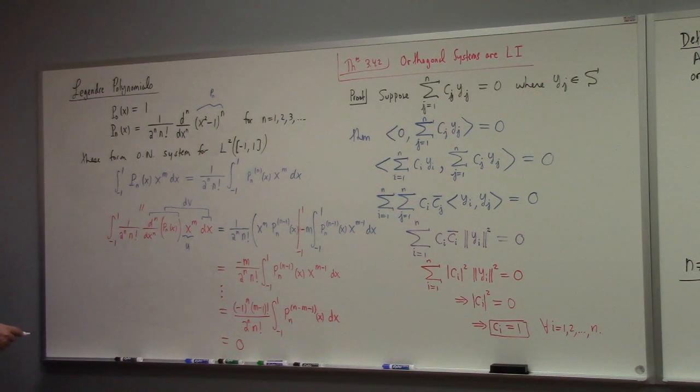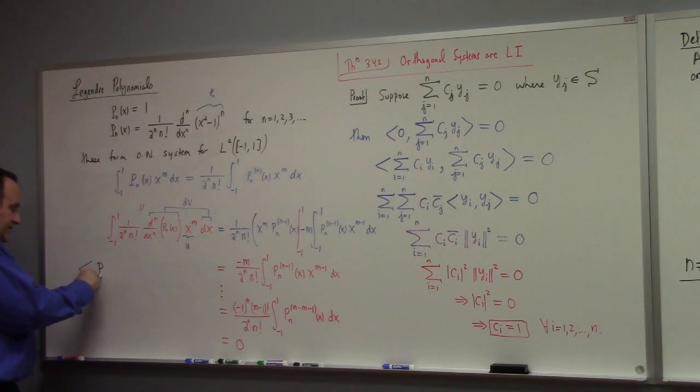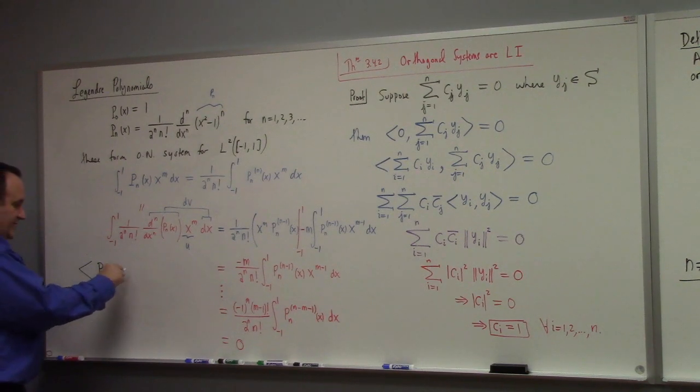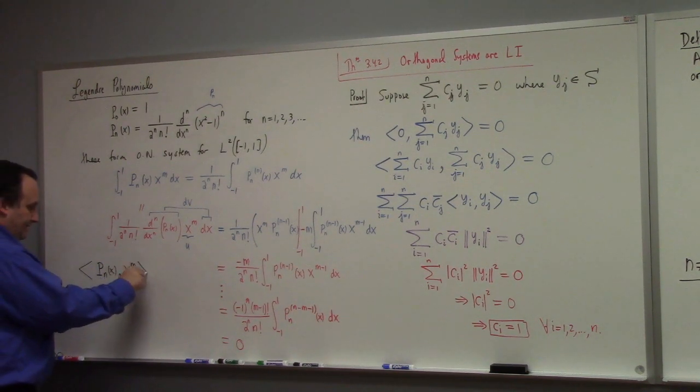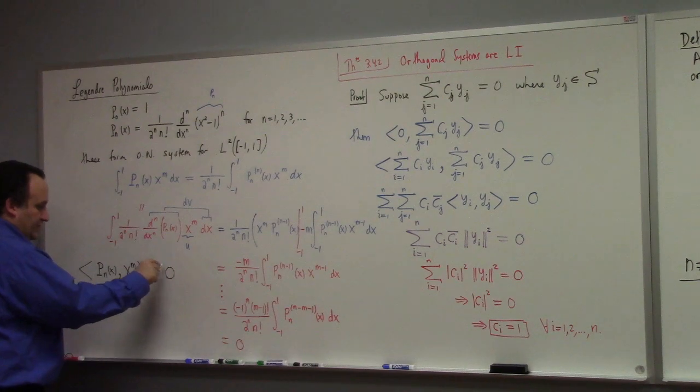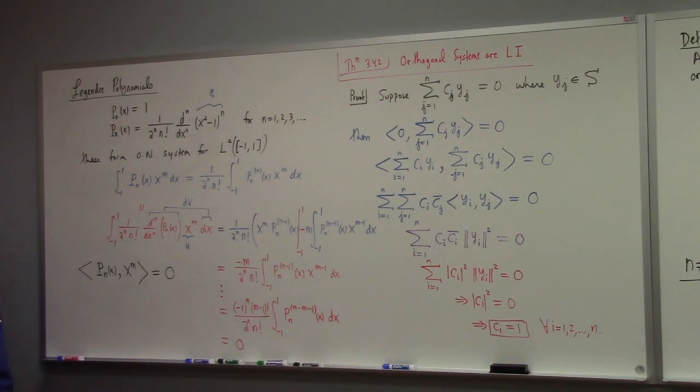What does it mean for this to be 0? That means the inner product of the nth Legendre polynomial with x to the m is equal to 0 for m less than n.